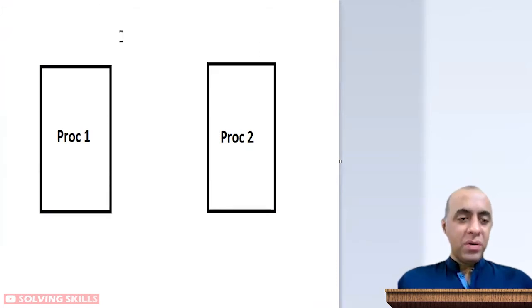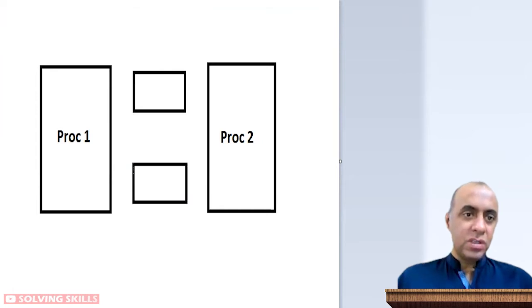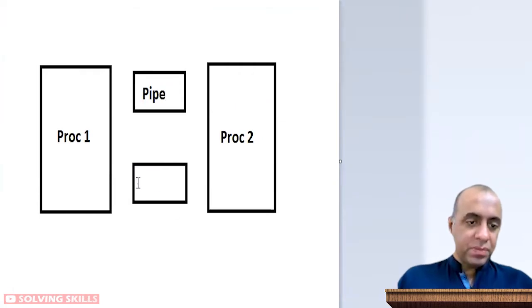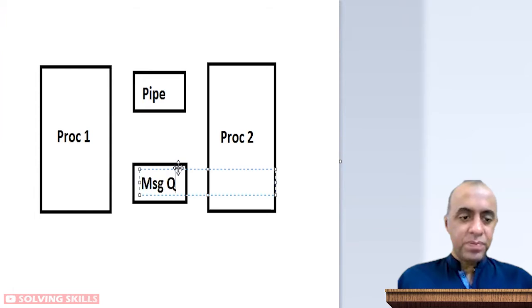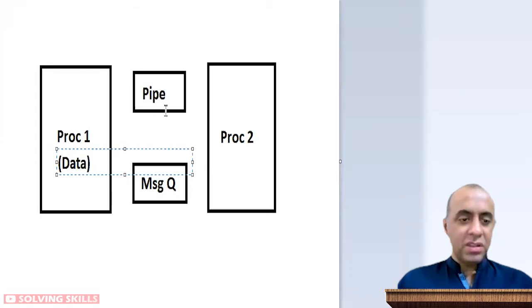And what I want you to do is that there are two methods. This one is the pipe and this one is the message queue.